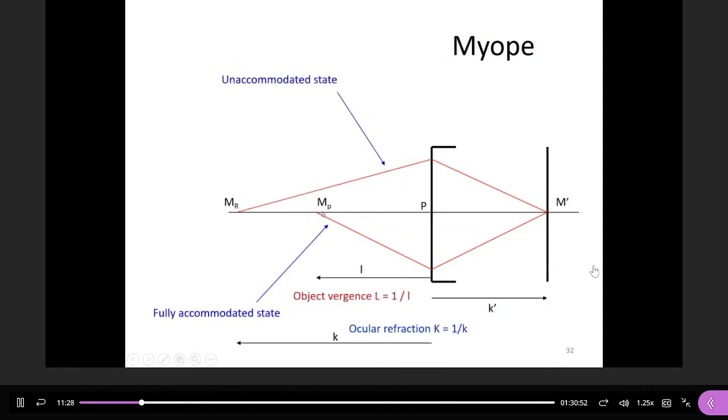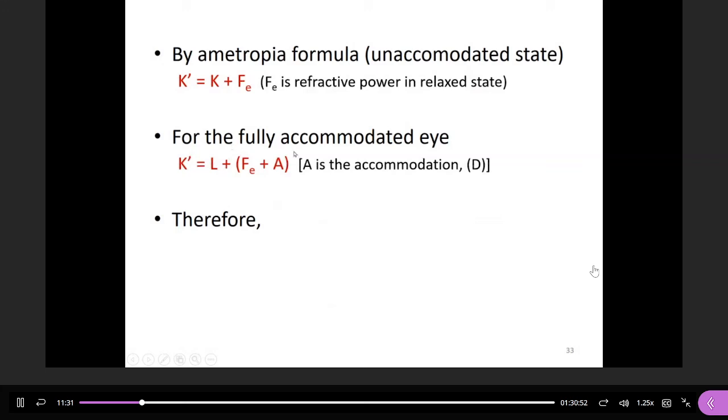So when you have the maximum amount of accommodation, we have the object's vergence, and of course we have the total power. The total power of the eye has two components.